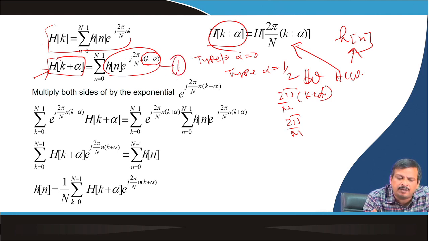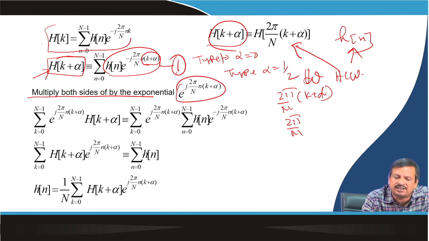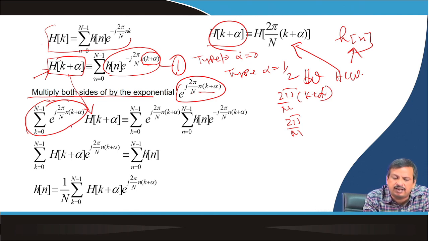In equation number 1, if I multiply both sides with e to the power j 2 pi by n into k plus alpha, and take the sum over k equal to 0 to n minus 1, I write this on this side also.